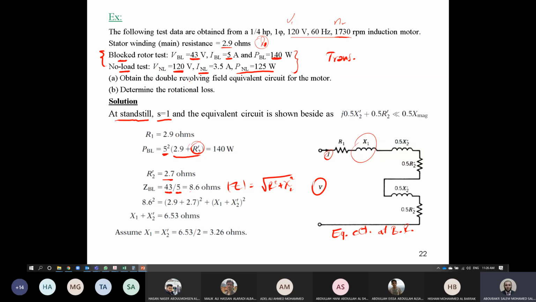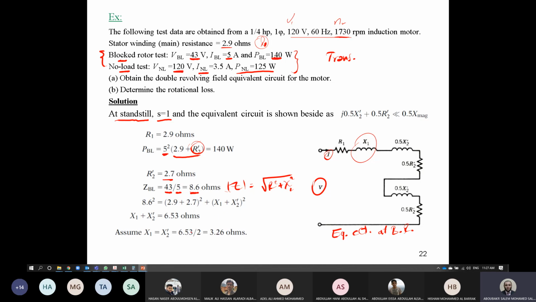Fine. So again, we can calculate the impedance by just dividing V over I. This will give you the amount of impedance. Once you already have the impedance and the real part, you can easily obtain the imaginary part, which is 6.53 ohms. Most of the time, the impedances of rotor and stator are equal, so the reactances of stator and rotor are equal.